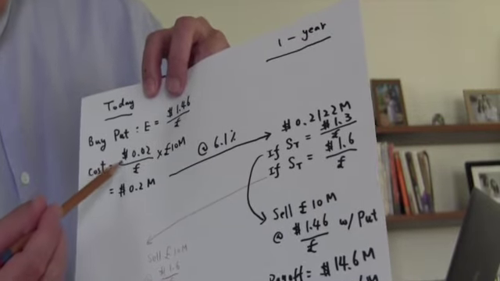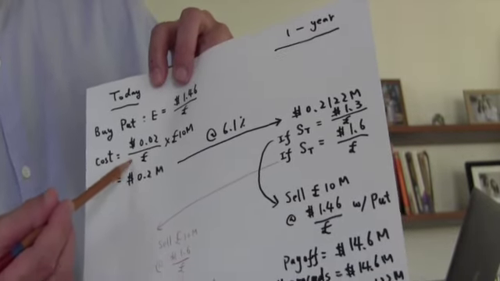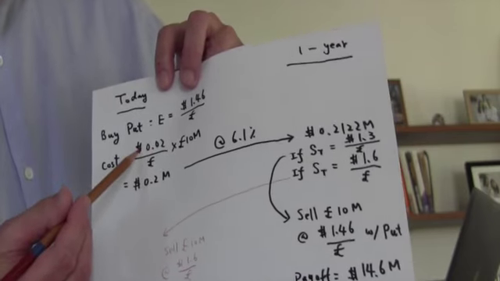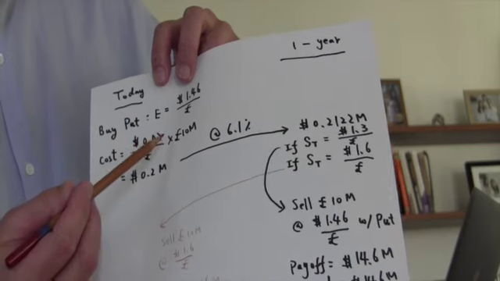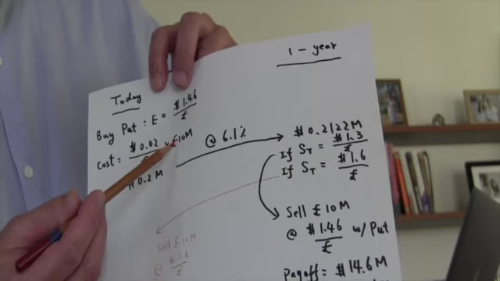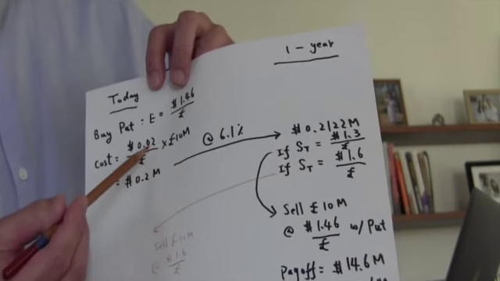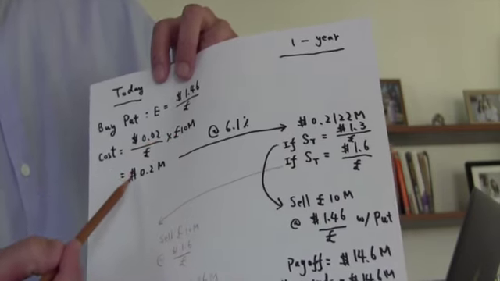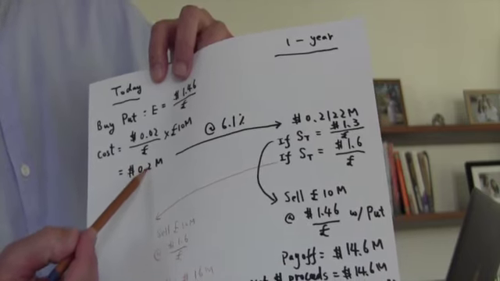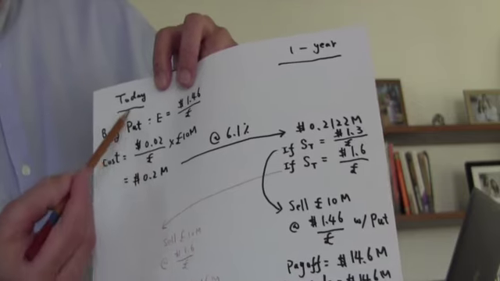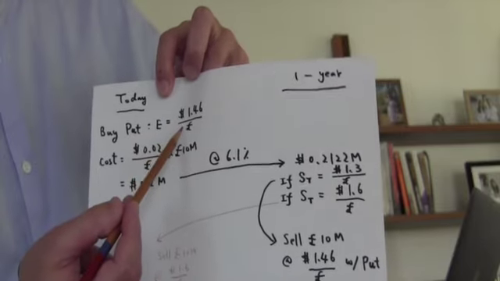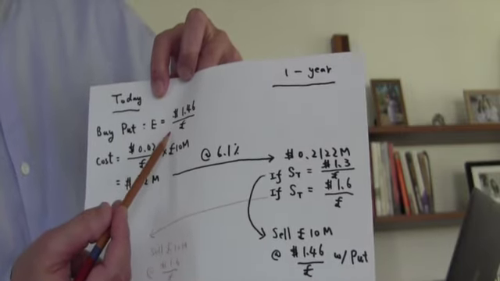This is a unit price: for each British pound, the cost is 0.02 US dollar, and because this put option has a size of 10 million British pounds, multiplied together, the total cost in US dollars will be $0.2 million. This is the cost today when we purchase this put with this exercise price.